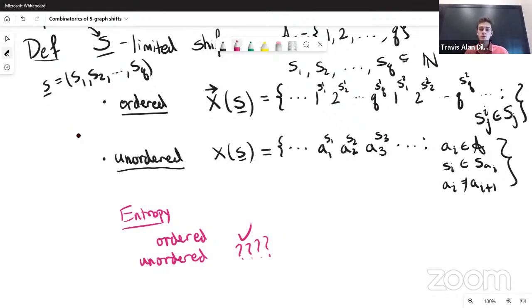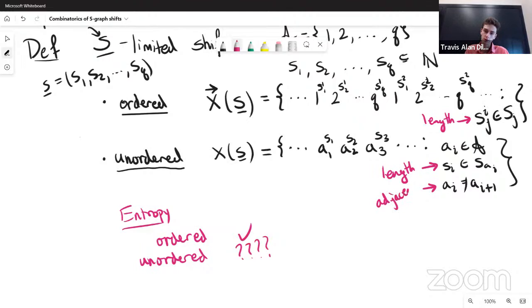And I think a really nice way to think about it is to think about how we're defining these two spaces. So other than this sort of implicit condition that each of the letters comes from your alphabet, there are really two conditions that we have here. One is a length condition, right? And that appears in both of them. We want the blocks to be restricted by the sets that we choose. And then there's this sort of adjacency condition.